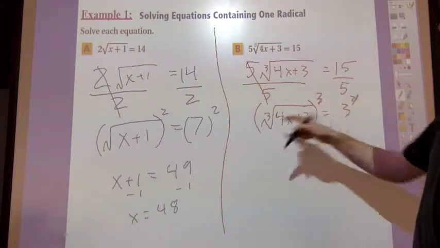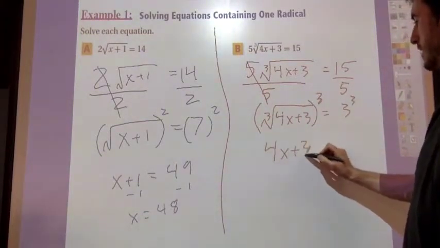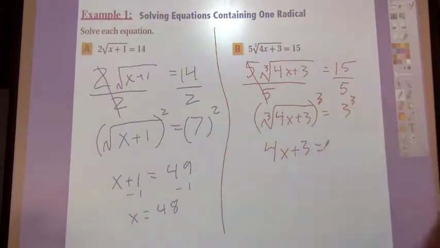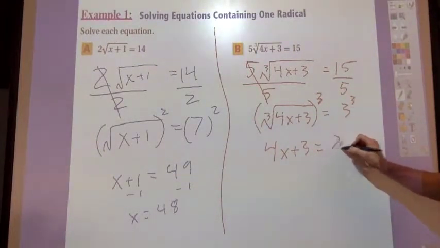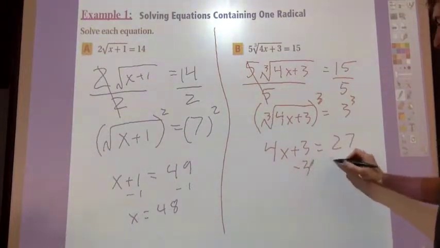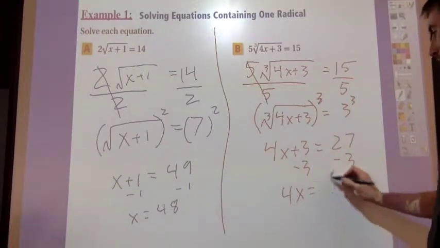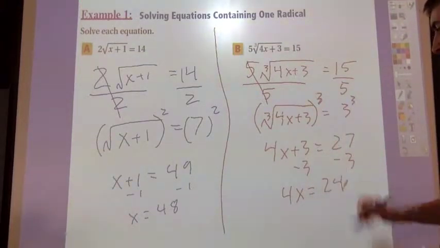Okay, so that gets rid of this radical, and I'm left with 4x plus 3 equals 3 cubed, which is 27. Going to subtract 3 from both sides. We get 4x equals 24.